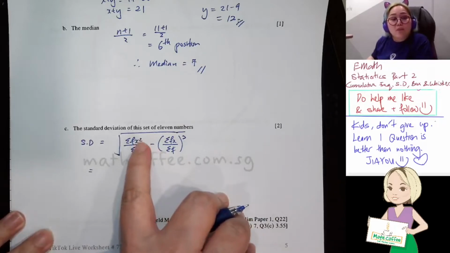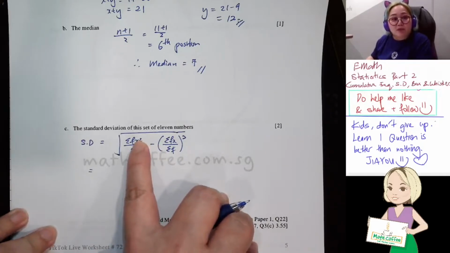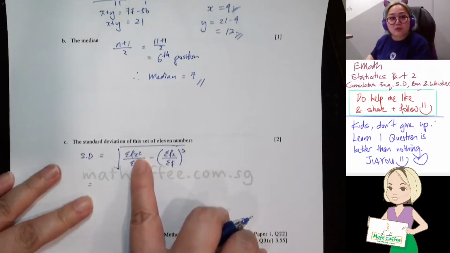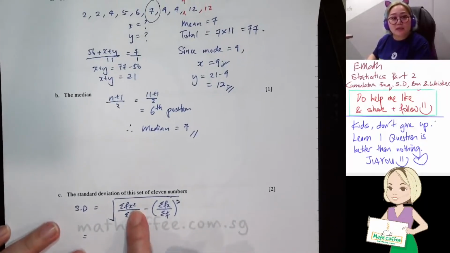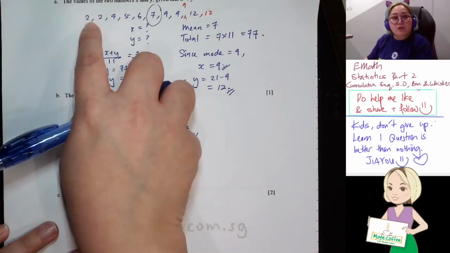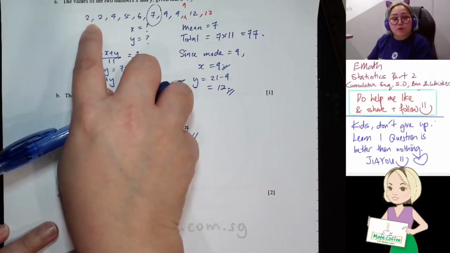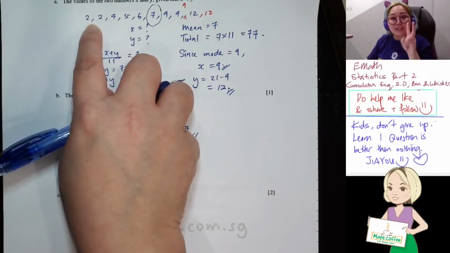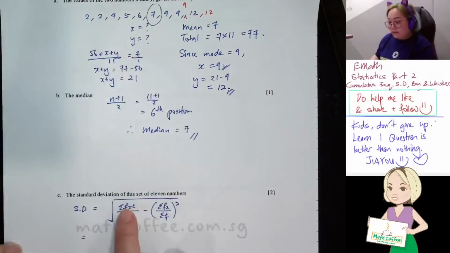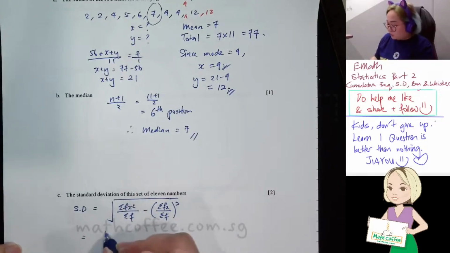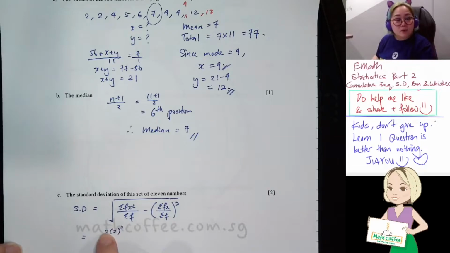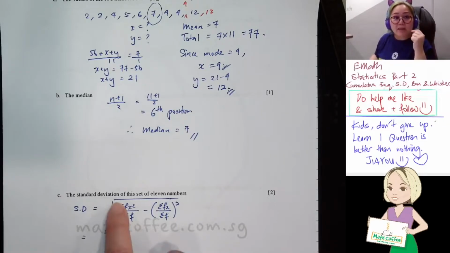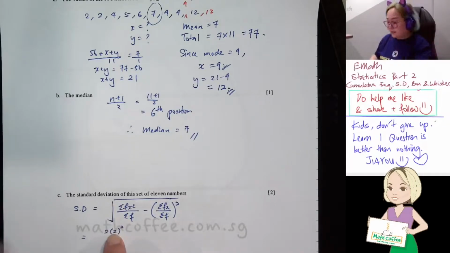So sum of fx squared, what does that mean? F is the frequency, x is the data. So now let's go back and look at our data here. I have 2 of 2. So my data is 2, I have frequency 2. Agree? So fx squared means that I have 2 of the 2 squared. F is the frequency, because I have 2. The data is 2. So fx squared is this. Sum means I'm going to do that for all my other data.